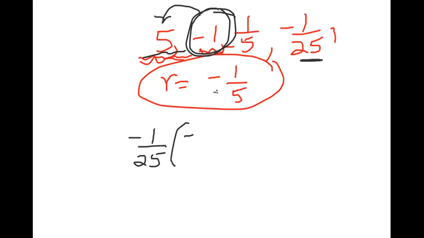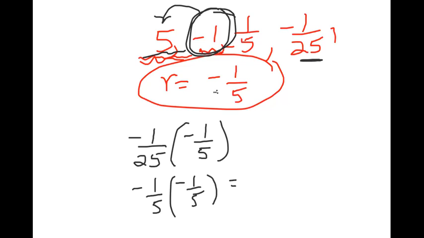Remember, the common ratio is that number you keep multiplying over and over again to get the next term. If you take the -1/5 and multiply it by -1/5, that would give you actually +1/25, okay, that's this term right there.